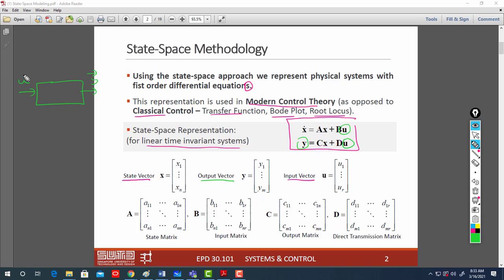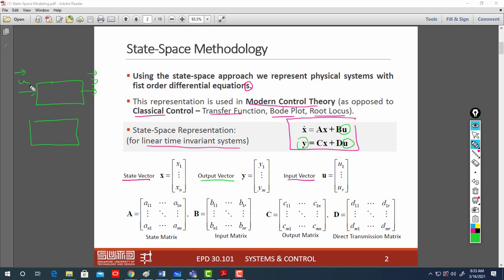I will use this notation to represent a vector, meaning you have u1 up to ur. Here in our PDF, we are using bold to represent a vector. See this bold, it's a vector. To differentiate between a scalar and a vector, we use bold.